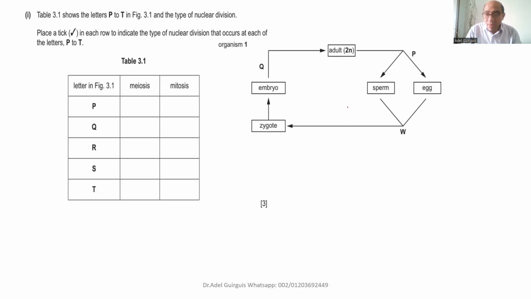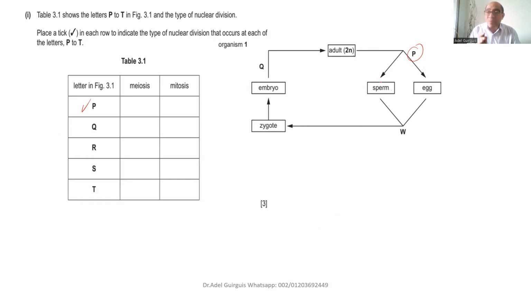Now, this organism 1. What about process B? Process B forms egg and sperm. So is this meiosis or mitosis? 2N changes into sperm or egg.